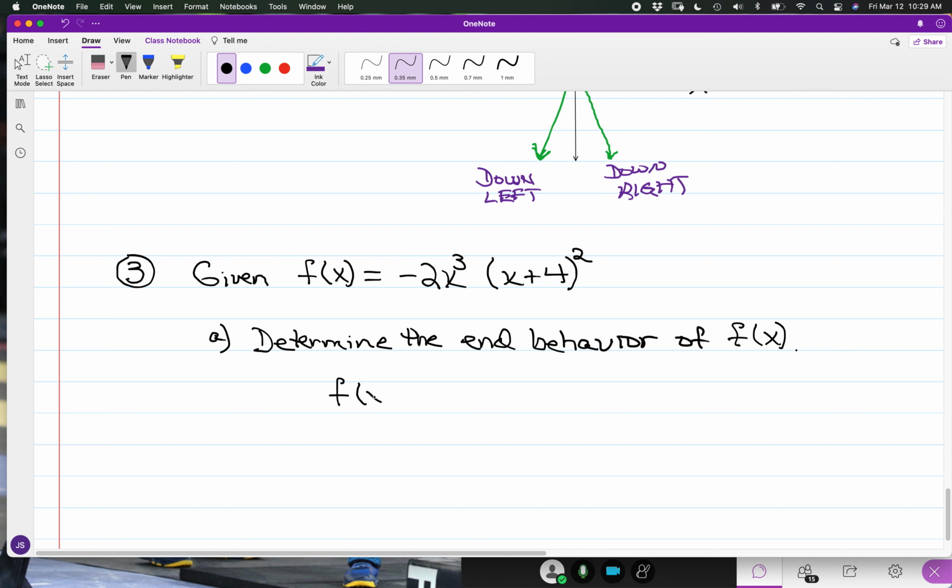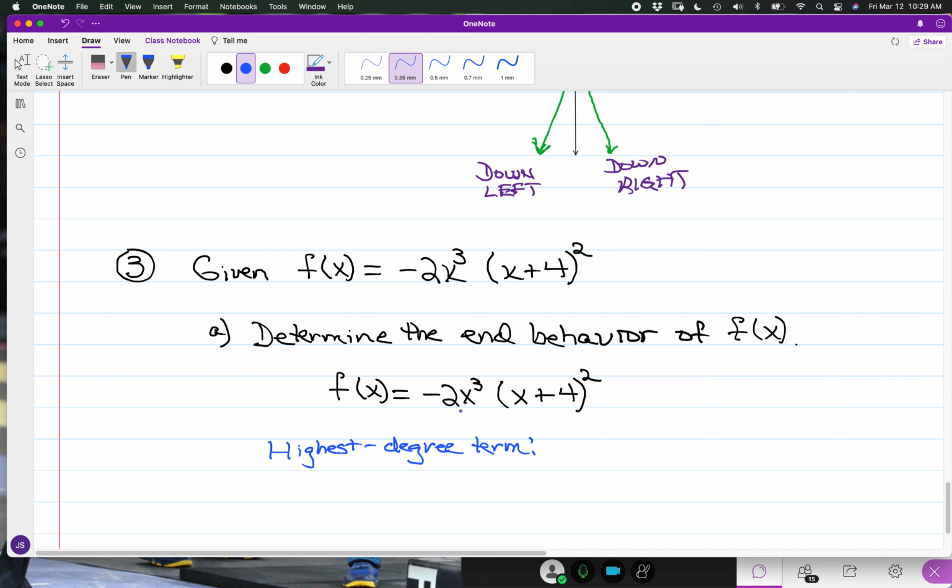For f of x is equal to negative 2x cubed times the square of x plus 4, for the highest degree term you're going to be taking what we have in the mix, including the coefficient as well.